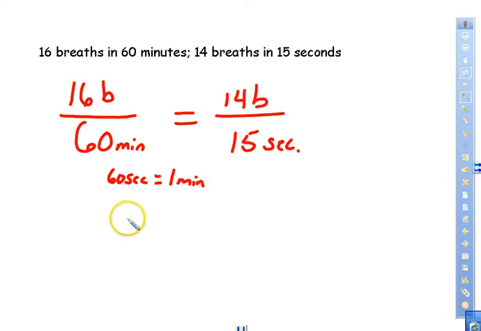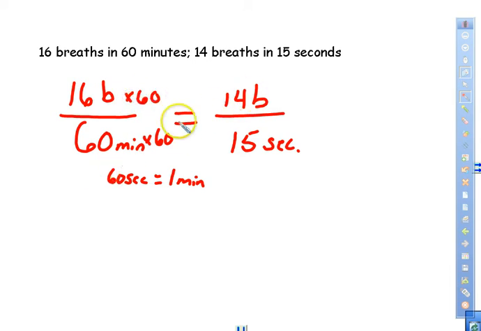Since that's the case, if I have 60 of those minutes, then I've got to multiply this by 60 to get the seconds. But I can't only multiply this, I also have to multiply the numerator.